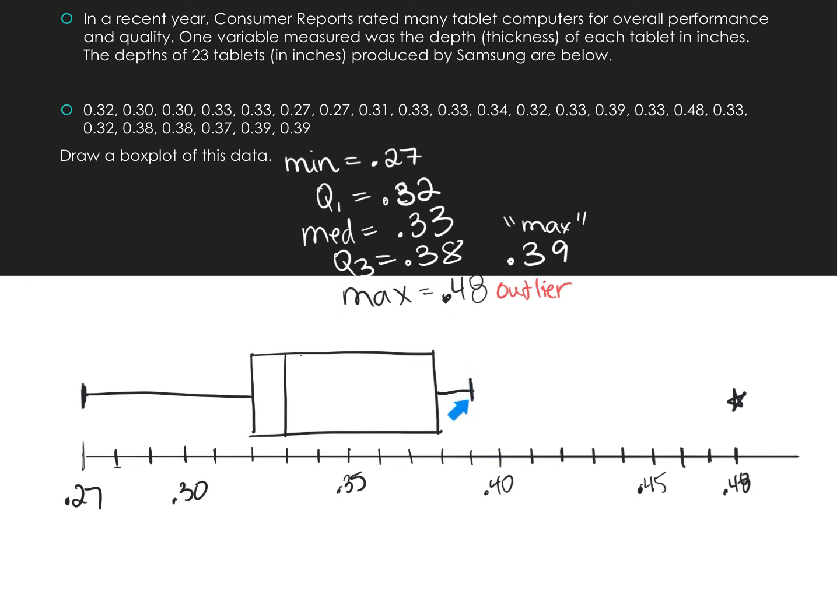That's the maximum line. It's the maximum point that's not an outlier. This line is short because it's really close to Q3. That's what the lines are telling us, how close they are to Q3.